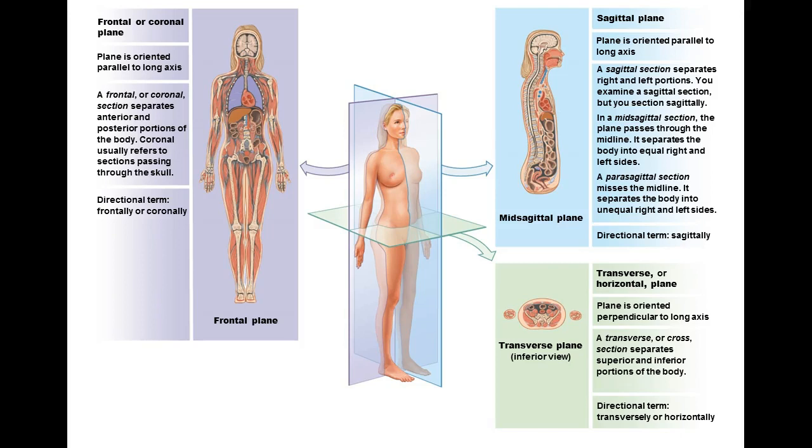And each of these are used for imaging. So you have a CAT scan, an MRI, a PET scan, and what happens is with that imaging, you divide the body into these planes that will help the specialist or the doctor or the healthcare worker see what's going on inside the body.